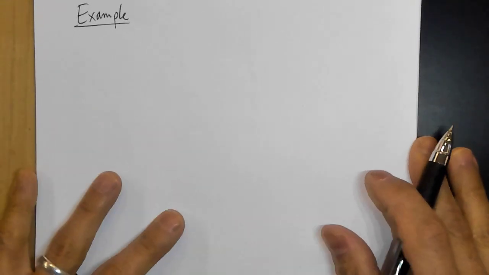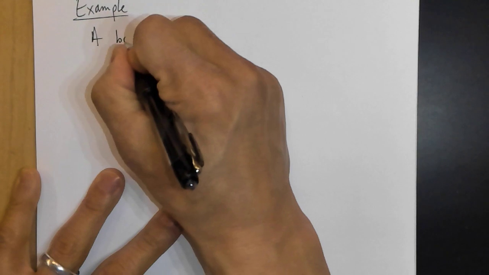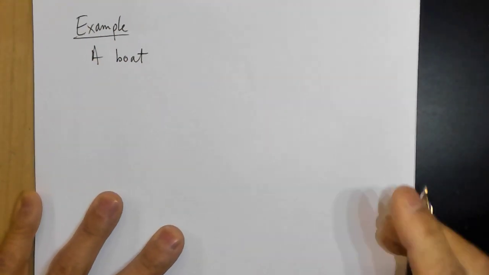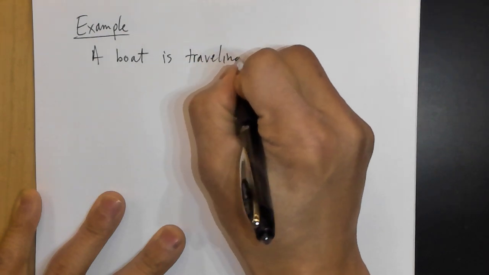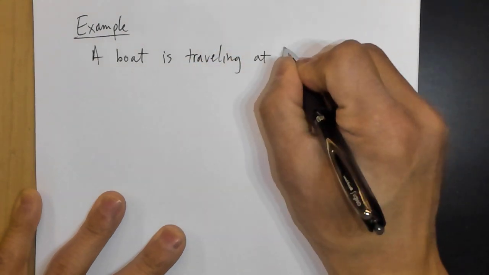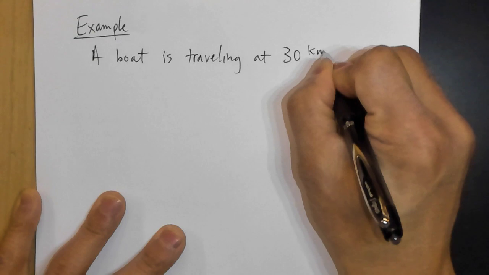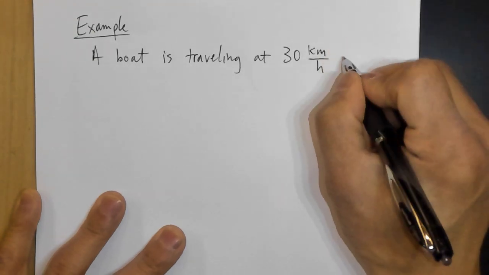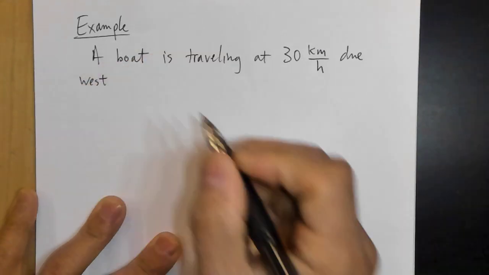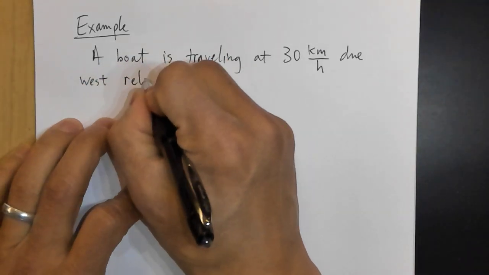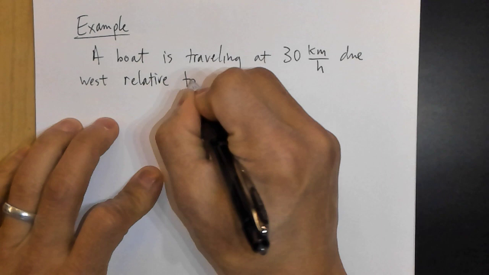Okay, we're back. So let's say a boat is traveling at, let's say, 30 kilometers per hour due west, where due means exactly or perfectly west, relative to the ground.